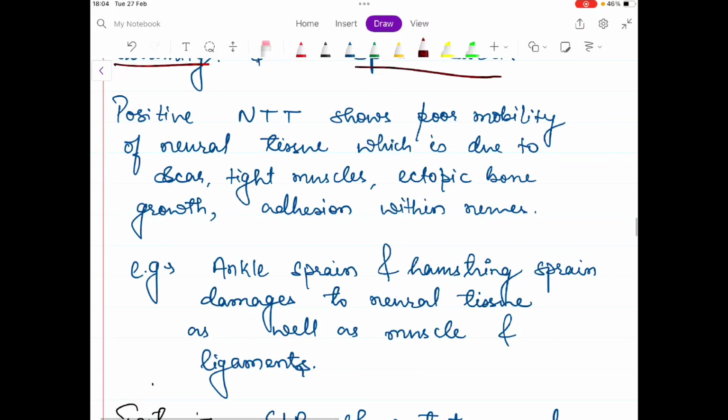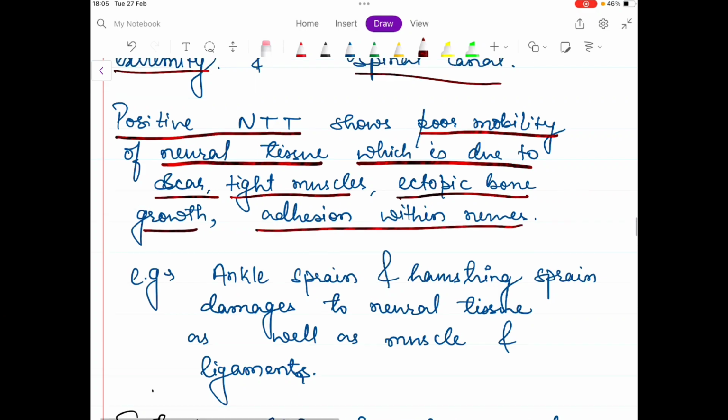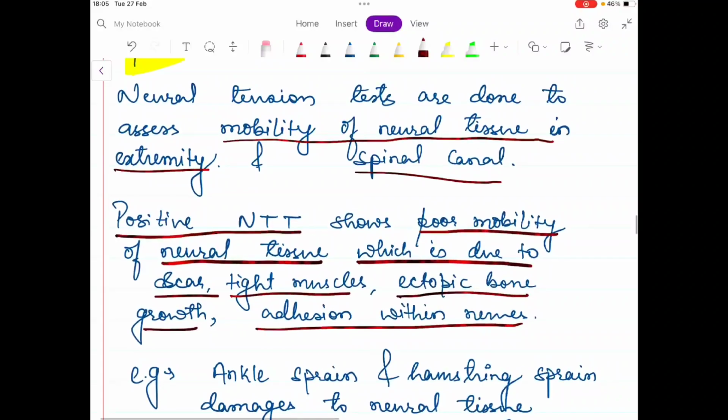Next point: a positive neural tension test shows poor mobility of neural tissue, which is due to scar, tight muscles, ectopic bone growth, or adhesion within nerves. So if the nerve tension test is positive, that means the neural tissue has poor mobility, and the range of motion will be decreased.